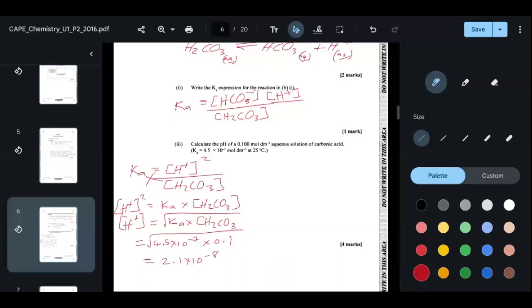Give me a second. Sir, if you get the coefficient right but the power of ten is different, is it wrong? Yes, once the power is different, it's definitely wrong.